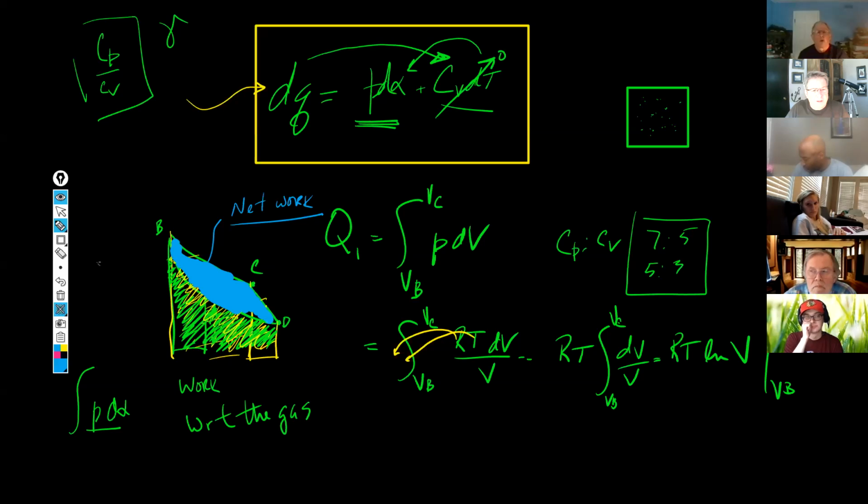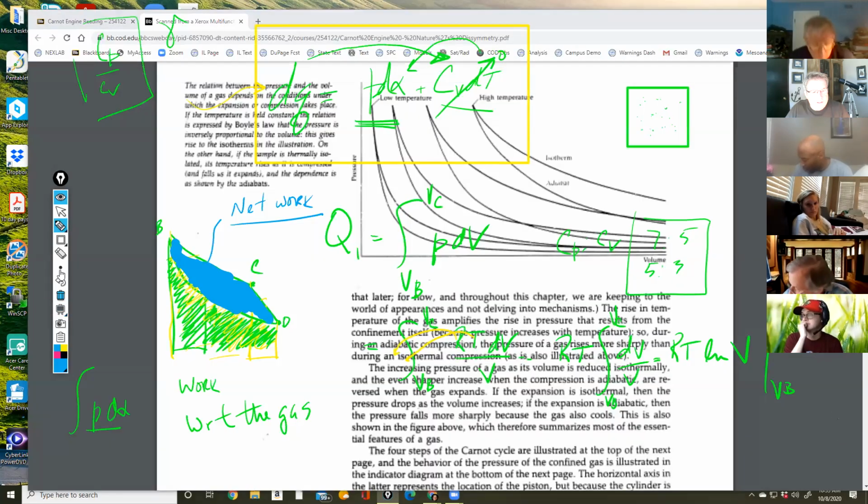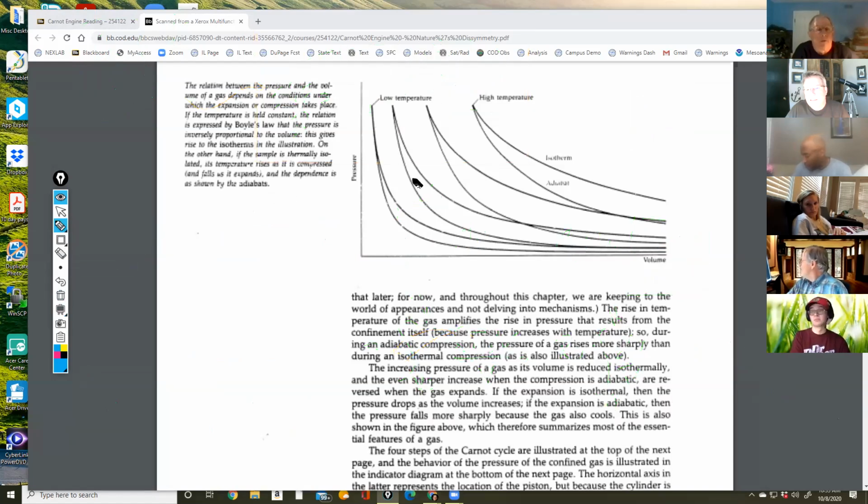And when you look at these, these are what the shapes of these things are. So the isotherms, let me erase all of this. I think I can. These isotherms, ooh, that's terrible, what happened? Are hyperbolas. The adiabats are different, but at least in diagram 320, that's pretty much the same thing. If the expansion is isothermal, then the pressure drops.